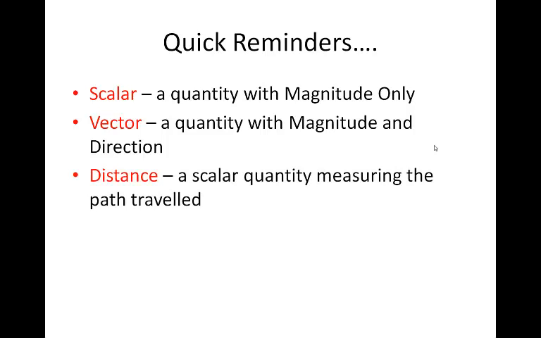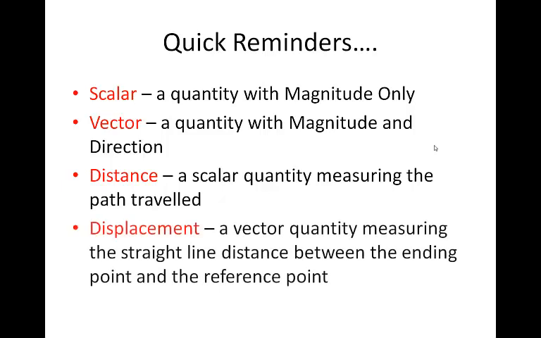Distance is a scalar value that measures the path traveled. Now remember, that's the physical path that is traveled. Displacement is a vector quantity measuring the straight line distance between the ending point and the reference point, or an ending point and then some other earlier point, as it doesn't actually have to be the reference point.